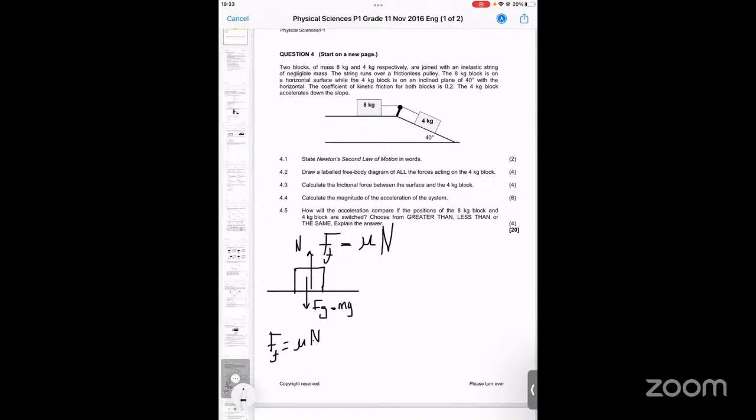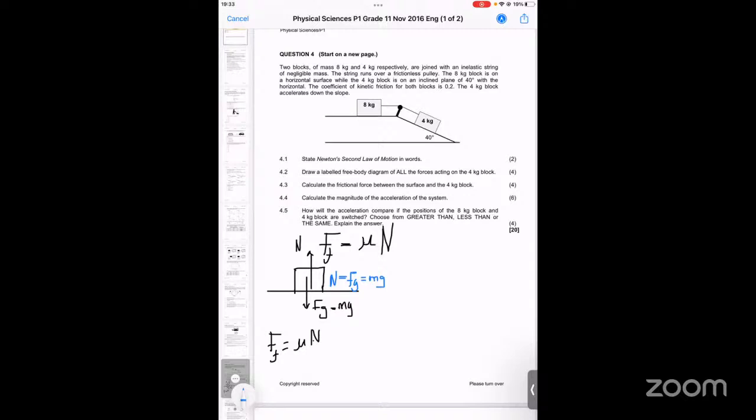And in this case, because the object is not moving up or down, that means the normal force is balanced with the FG. That is why the normal force in this case is equal to mg. Why?